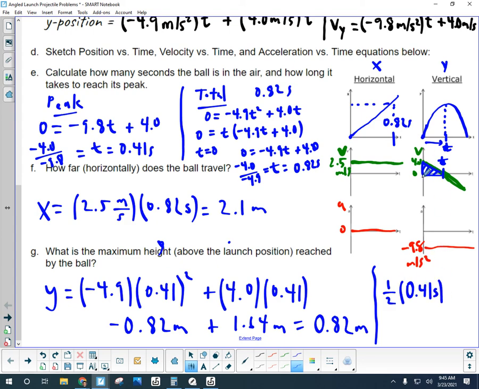Base times height, it's a triangle. The height of the triangle is the starting speed in meters per second. So if we take 1/2 of 4, I'll make my math easy, 1/2 of 4 is 2. 2 times 0.41. And again, we get 0.82 meters.